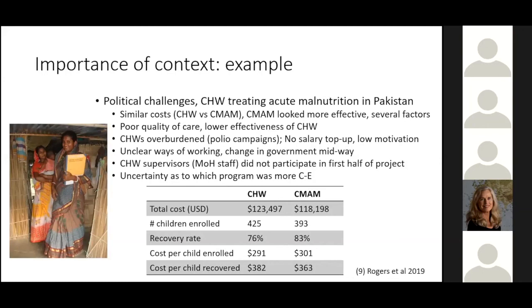Finally, community health worker supervisors, who were government staff, did not participate in the first half of the project. So you can imagine if your supervisor isn't supervising you on a particular task, you're not going to focus on that task and perform it with particularly good quality. In the end, there was uncertainty as to which program was more cost-effective, as you can see in the bottom row. CMAM was on average slightly more cost-effective in this setting.